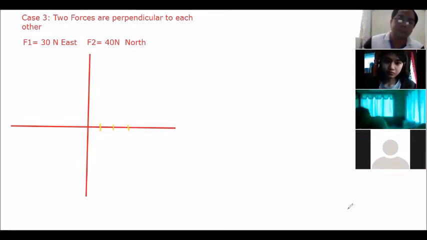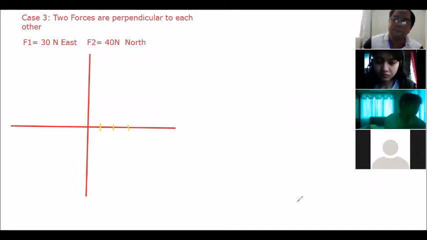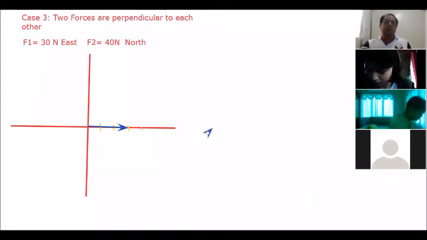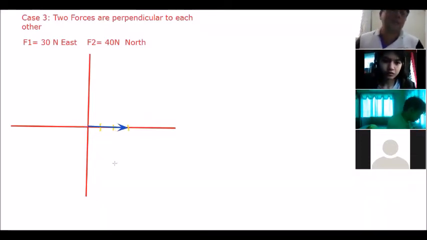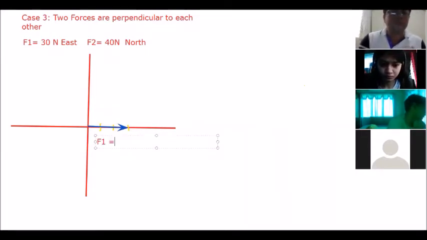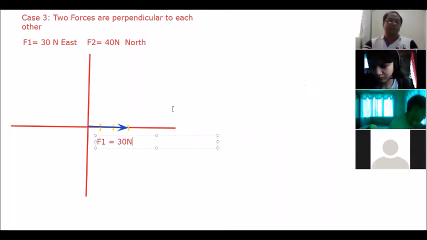So the 3 segments is equivalent now to, we always put that at the origin, the tail. Then we start out with F1. F1 is equal to 30 newtons.